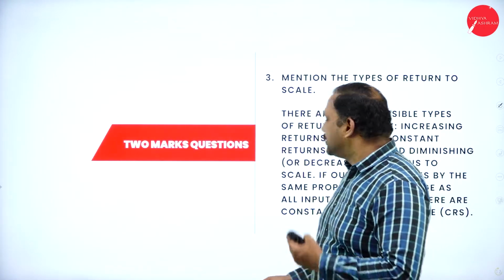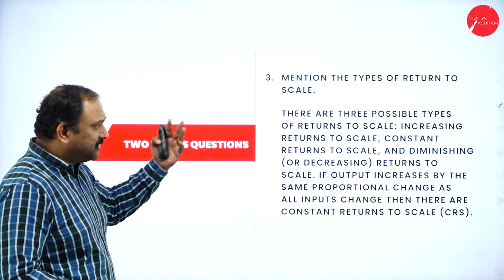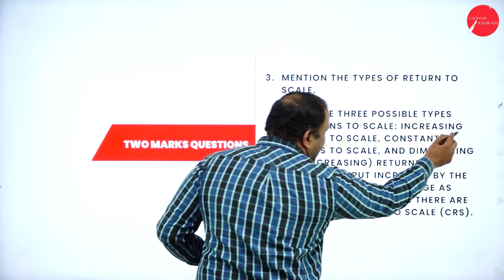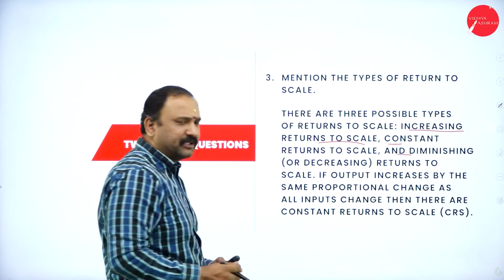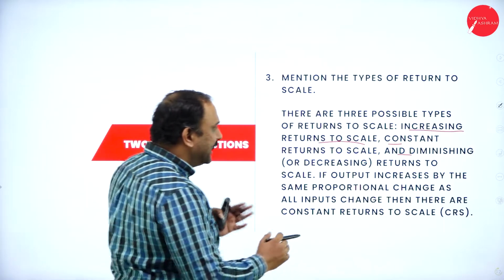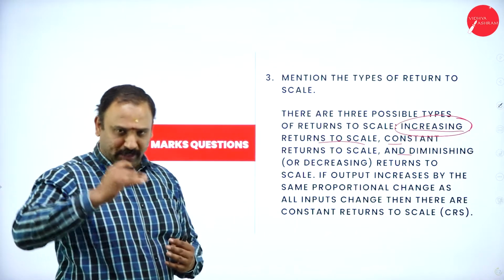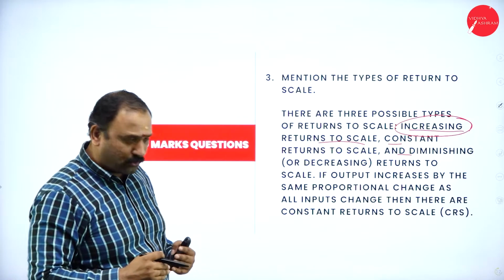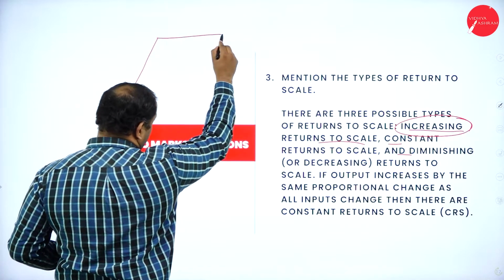Followed by, mention the types of returns to scale. This is also a very, very important question. The three possible types are increasing returns, constant returns, and diminishing returns. As you start producing, initially the returns are increasing. The more you produce, the larger the return you get altogether. Over a period of time, after the increasing return, it becomes constant.